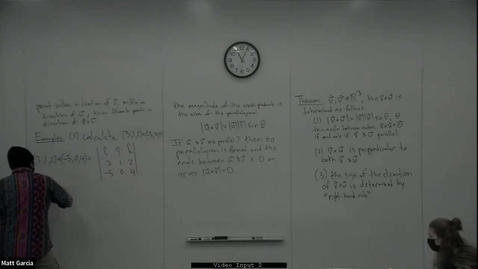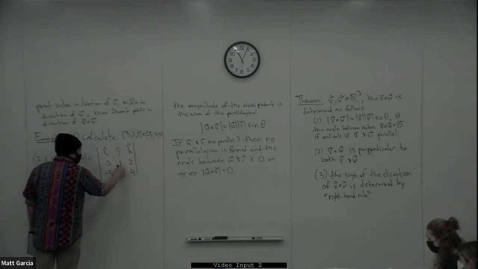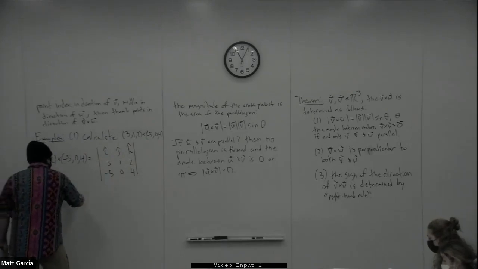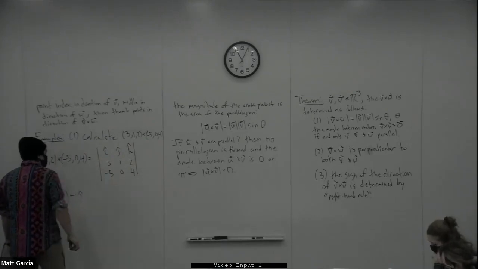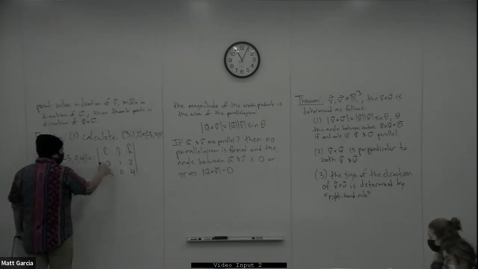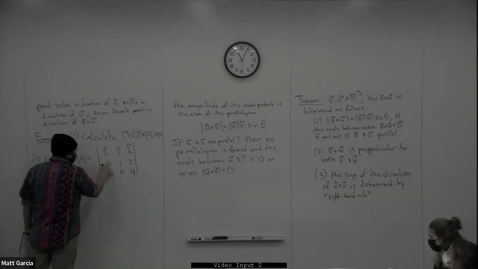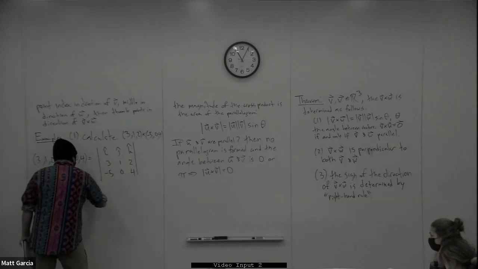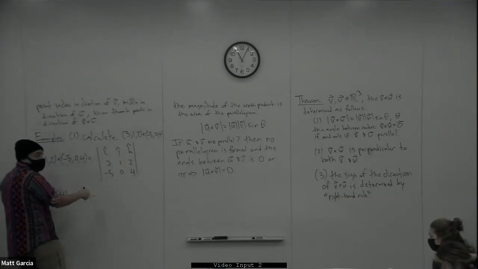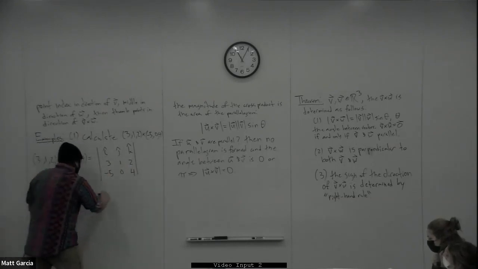So i times the determinant of this 2 by 2 matrix, right? Which is 1 times 4 minus 0 times 2. Minus j hat. Eliminate the second column and the first row, and I get the 2 by 2 matrix 3, 2, -5, 4. So what do I get here? I get 3 times 4 is 12 minus 2 times -5. We get a -10, minus -10, we get a plus 10. Right?